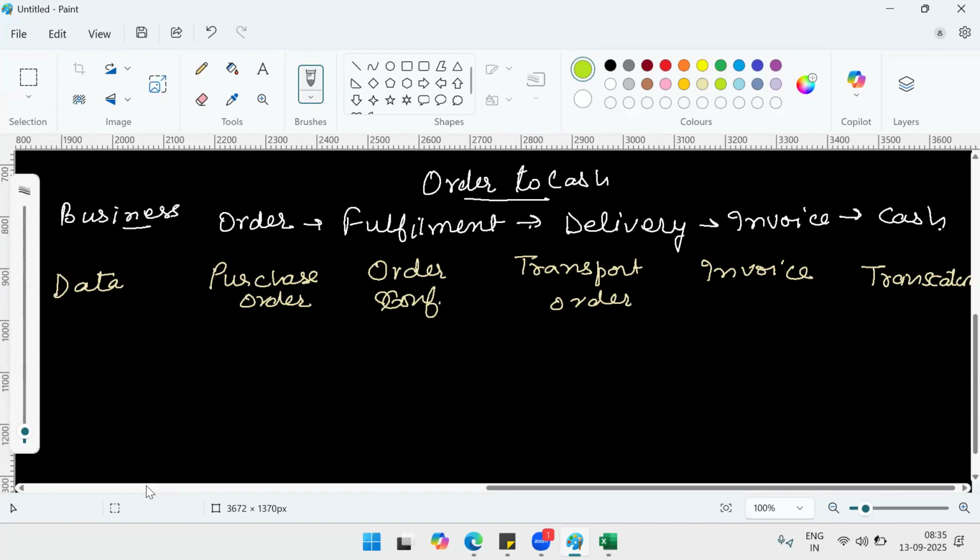So we are talking about the data only. Yes, in the back end there will be some application, but here we are first talking about the business process. So the customer orders that, and then there will be a transport, and then it will create the invoice and do the transaction. So we are here mainly talking about the data only, right?